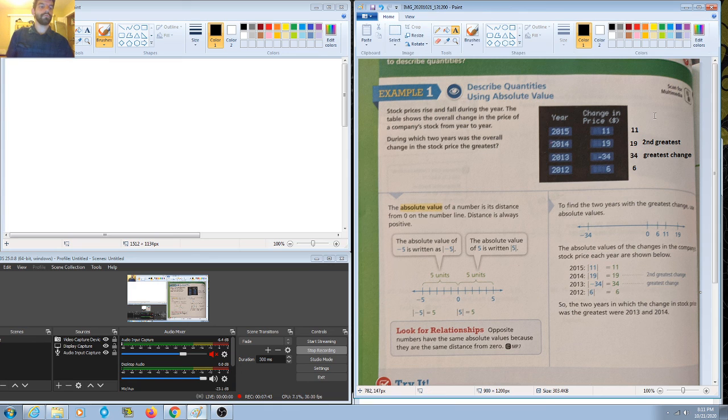So even though the change in price in 2013 was negative 34, the change in its price in terms of a distance is $34, because that's a distance from 0. Okay, so going more into absolute value, it always has to be a positive number.